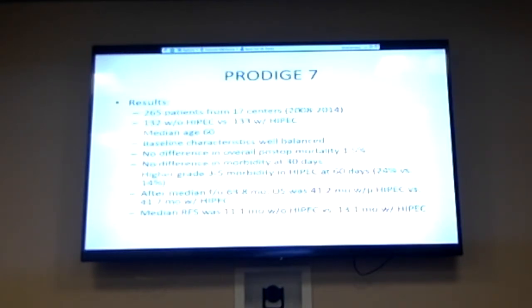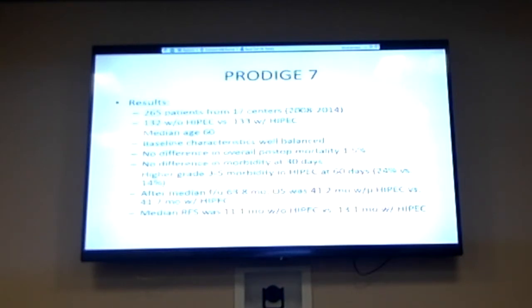So the take-home points are there's no difference in overall post-op mortality. There's no difference in morbidity at 30 days. There was higher grade 3-5 morbidity in HIPEC at 60 days. And then after a median of 64 months, the overall survival was essentially the same.